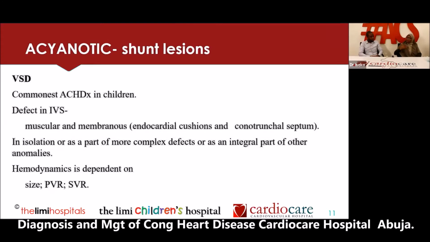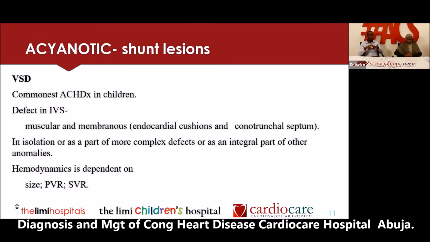So there's no or minimal degree of shunt. But after 6 weeks, when the pressures are low, the systemic pressures are now much more than the pulmonary pressures. There's now a significant shunt across those defects, and then the child becomes symptomatic.